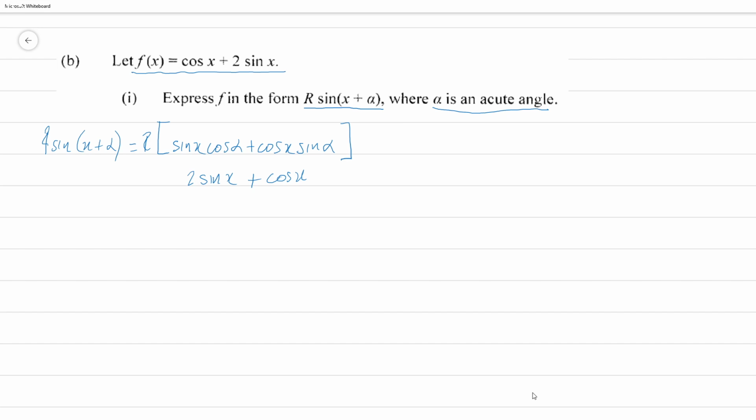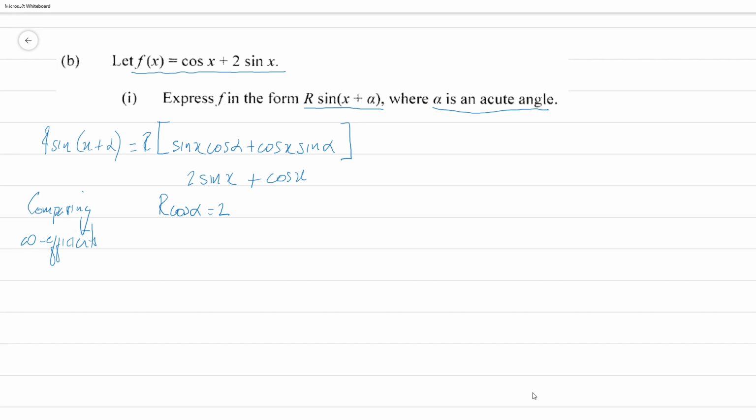So if I were to compare, you could see comparing coefficients. That would leave you with r cos alpha is equal to 2.